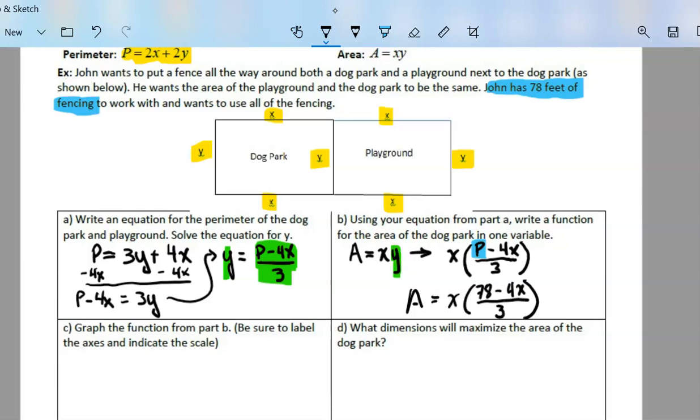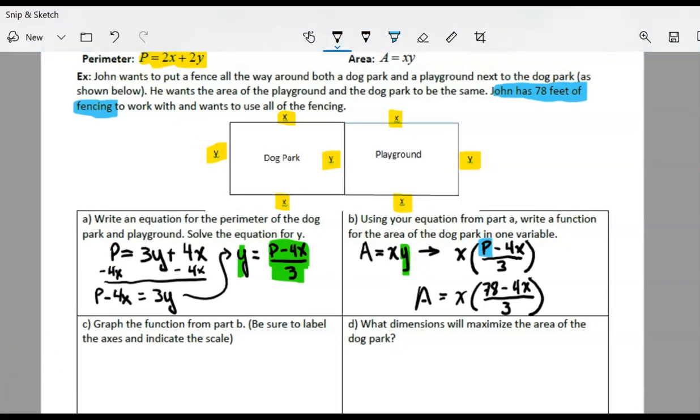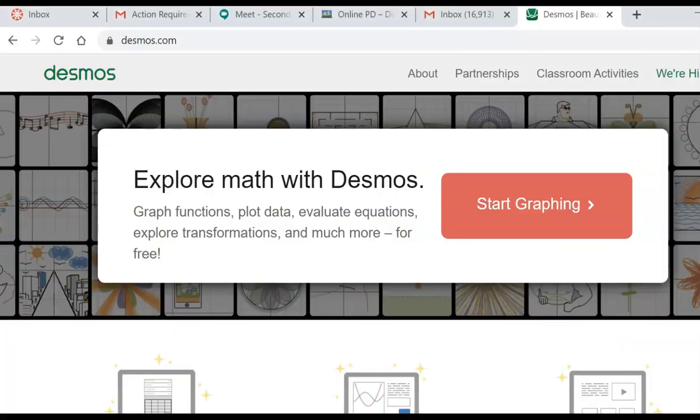Now when we're graphing this, I think it would be nice to use either a graphing calculator or Desmos. I like using Desmos. So we go over to Desmos and start graphing.